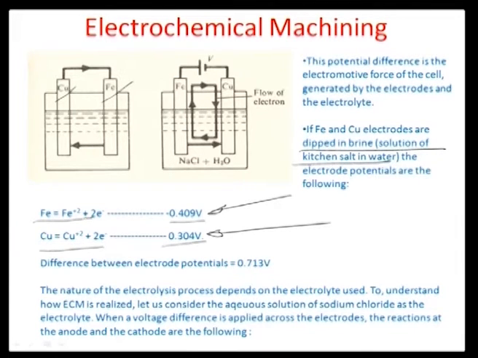The difference between electrode potentials of the copper and the iron electrode can be represented as the potential of the anode minus the potential of the cathode.